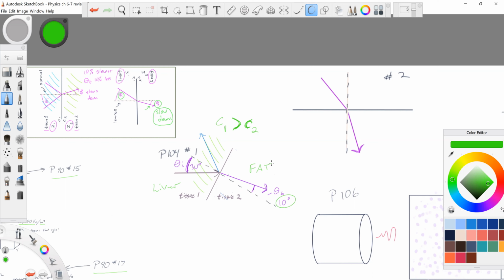Ooh, is Z1 and Z2. Remember, so we do have a reflection here. At least I've drawn in a reflection anyway. So which is higher, Z1 or Z2? We don't know. Z is equal to density times speed of sound.